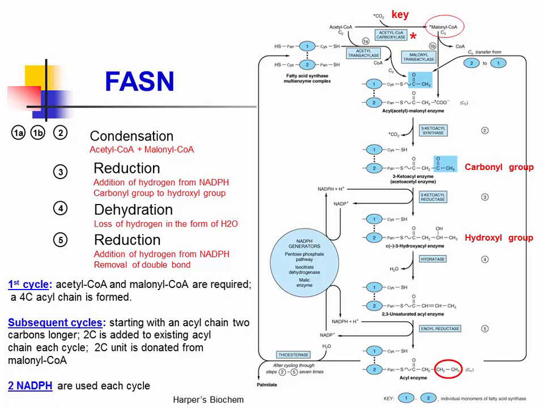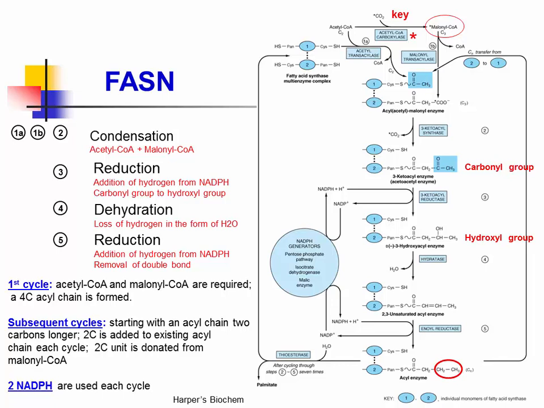So you remove the carboxyl group from the Pan end, and in the meantime, the acyl group is transferred to the Pan end from the Cys end, right? So, again, the part highlighted in blue is from the acetyl-CoA, right? Then as this is added to the Pan end, you can see 1, 2, 3, 4, so you form the 4-carbon acyl molecule, and this forms a so-called carbonyl group.